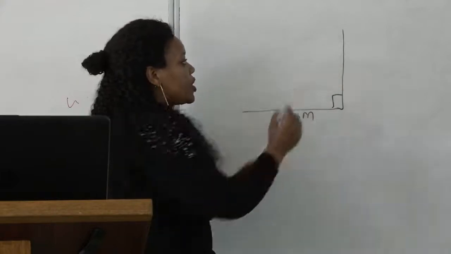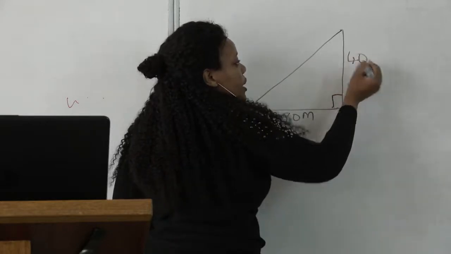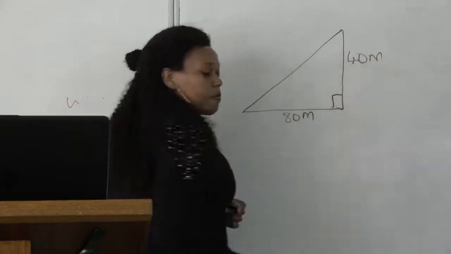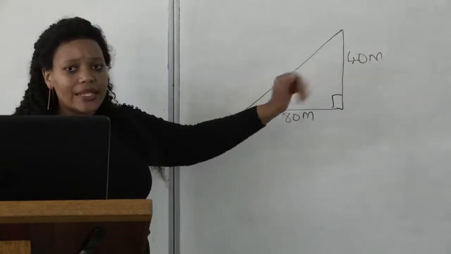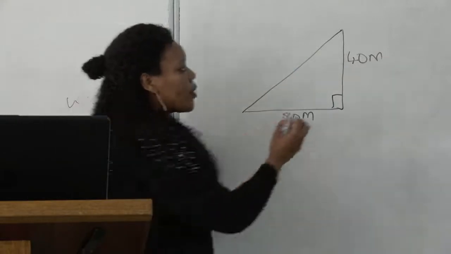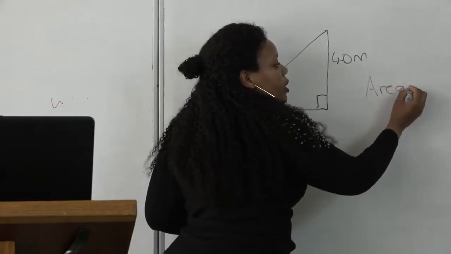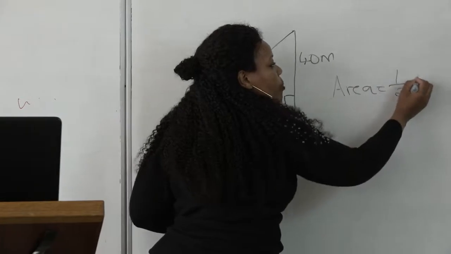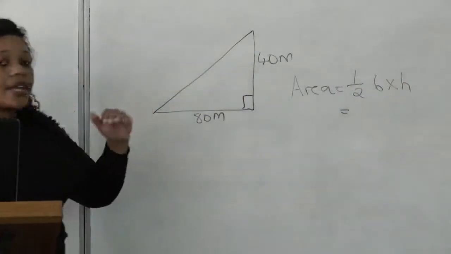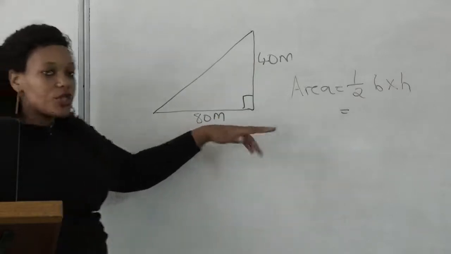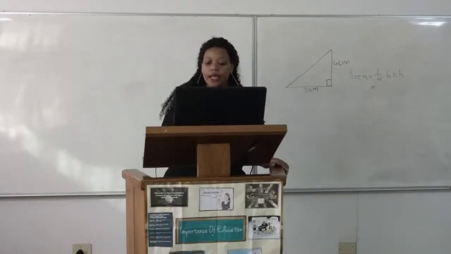We've got the perpendicular distance here, which is 40 meters. If we are given the baseline as well as the perpendicular distance, we use the formula area is equal to half breadth times height. Then you can substitute these values into this formula. Let us look at our solution.